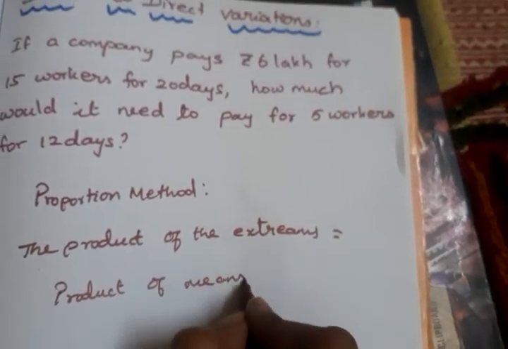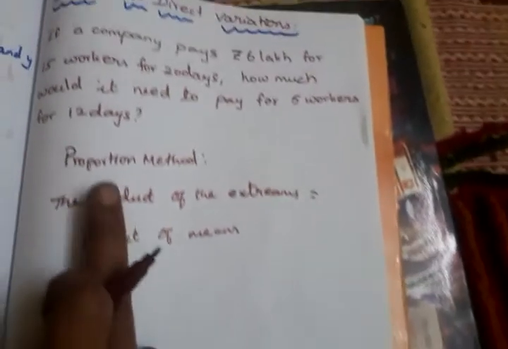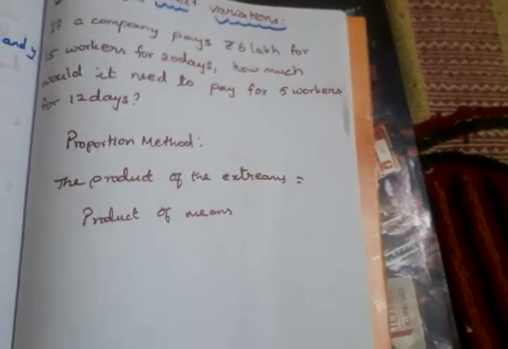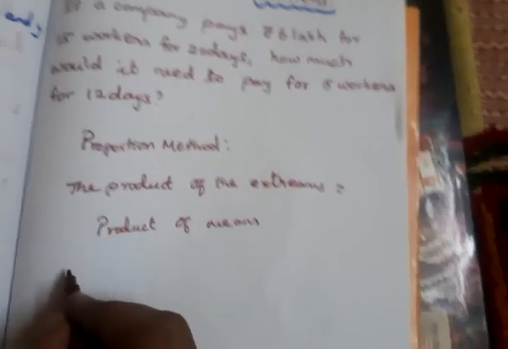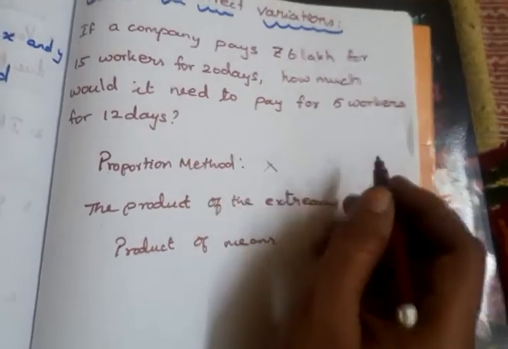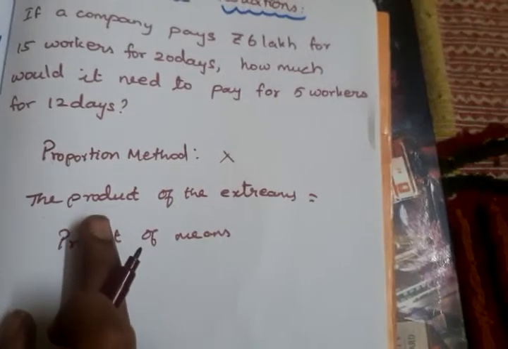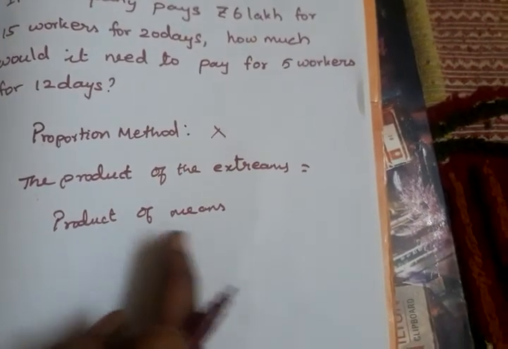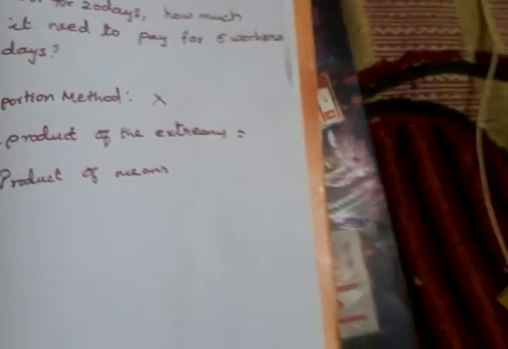So don't use that proportion method, you know that proportion method. Product of extremes equals product of means, but we are using the formula method.